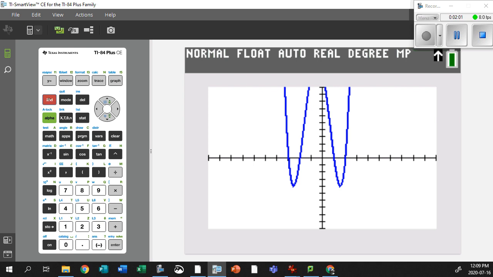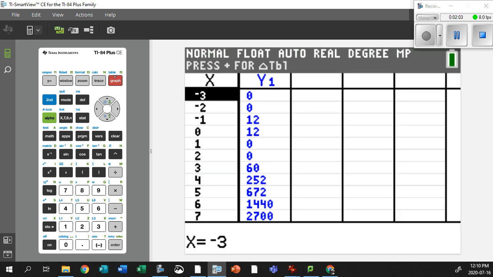If I hit second and hit the table, guess what I just found? Oh my gosh, they're really nice integers, look at that. Okay, that's -3, -2, 1, and 2 work.